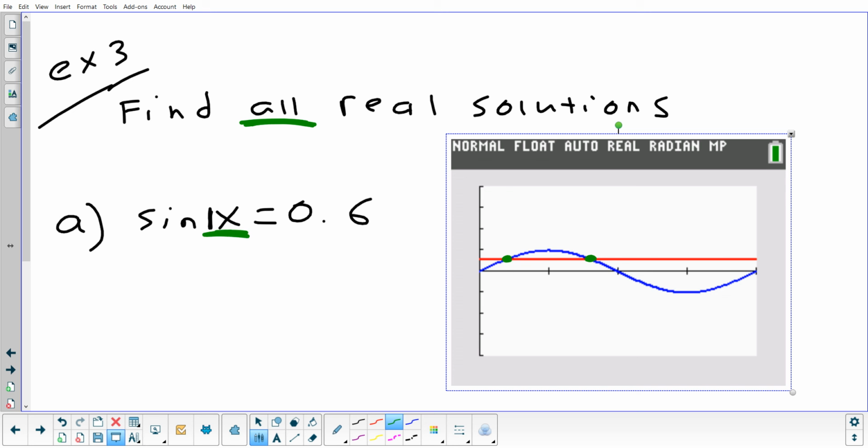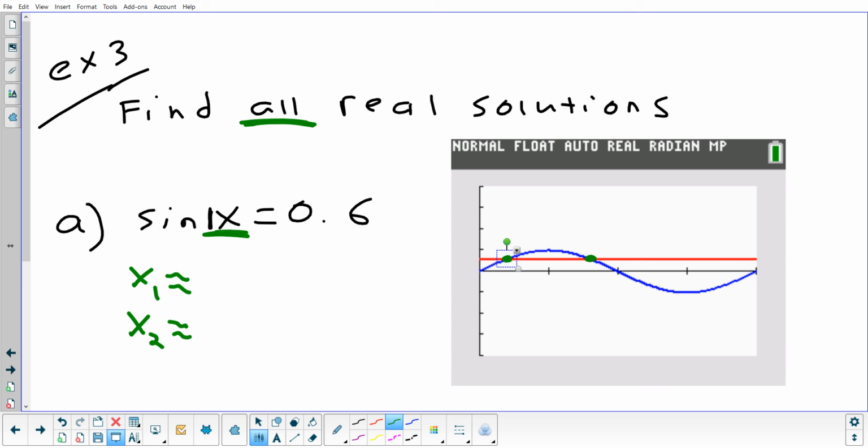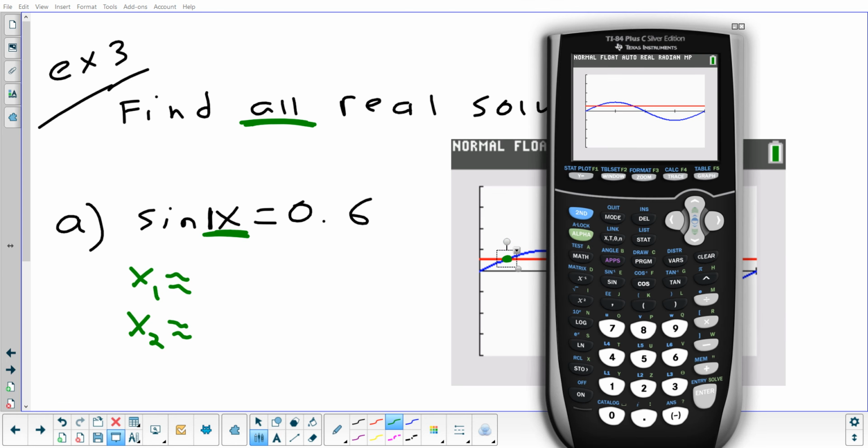Because remember, you're solving for x. Right. How do I find x1? What do I have to do on the calculator? Find the intercept. Yep, I'm going to find the intercept.